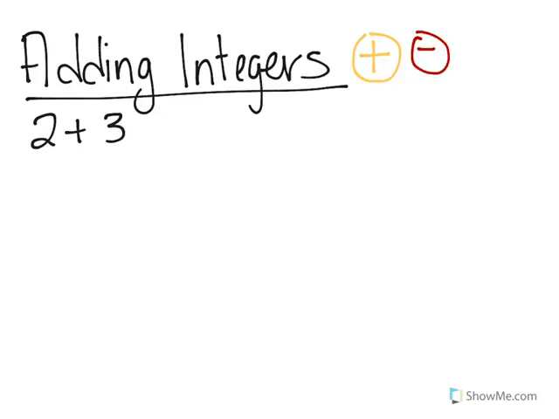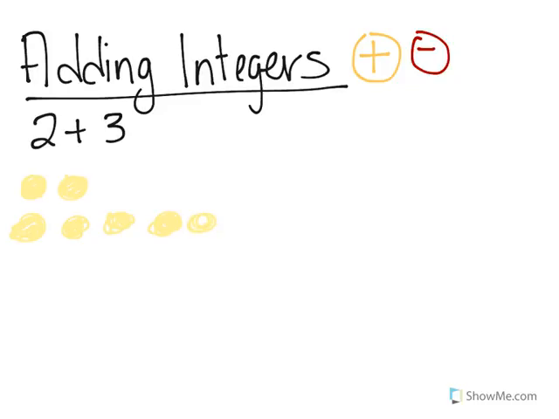I have two positives, 1, 2, and I'm going to add 3 positives, 1, 2, 3, 4, 5.